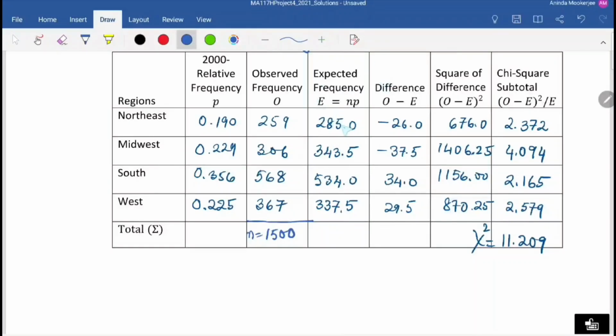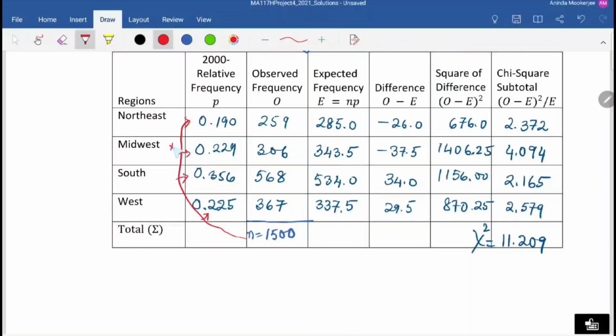To find the expected frequency, you have to take your N, which is 1500, and multiply by the proportion for Northeast, the proportion for Midwest, N times P. So you're multiplying this there.